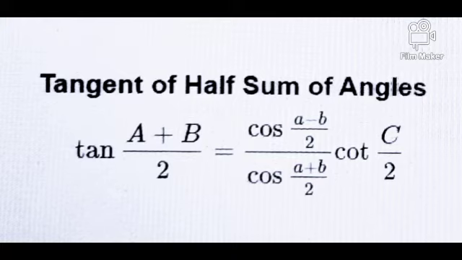The third of Napier's analogies is given by this equation using angles capital A and capital B, and this is known as the tangent of half the sum of two angles.